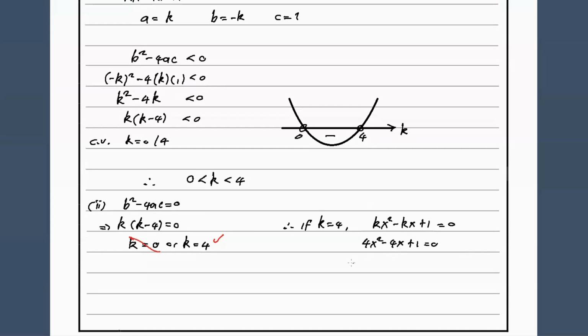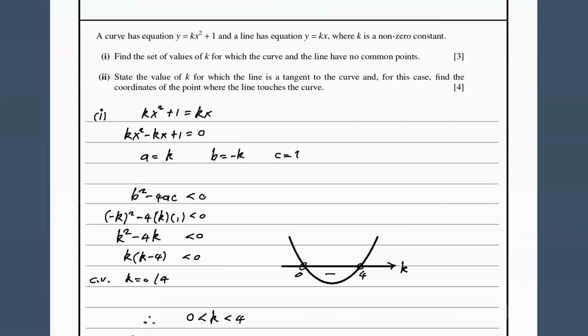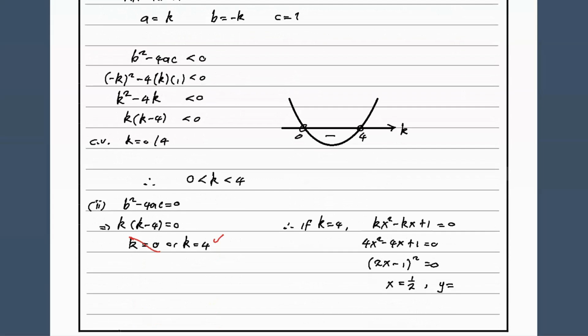Okay, and this apparently is a perfect square, so it's like 2x minus 1 squared if you factorize it, equal to 0, where we get the values of x to be a half, and the corresponding value of y when x is a half, remember, one of the equations was y is equal to kx, so y is equal to k, which is 4, of x, which is half, so y is equal to 2.